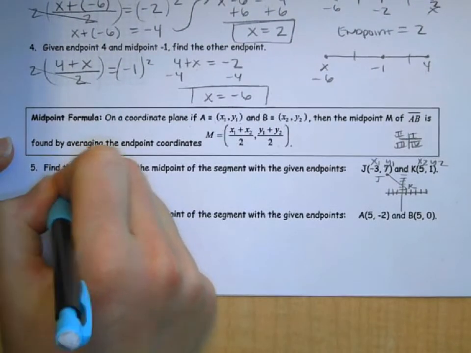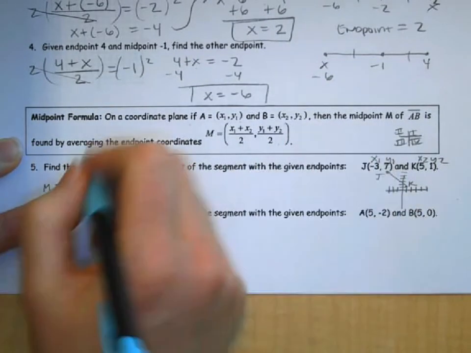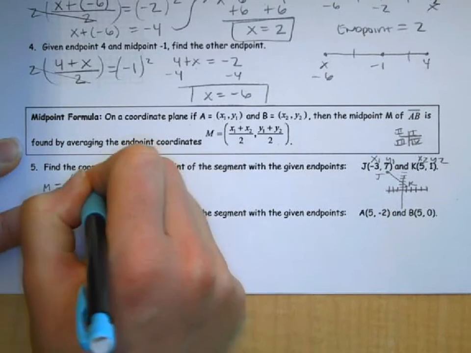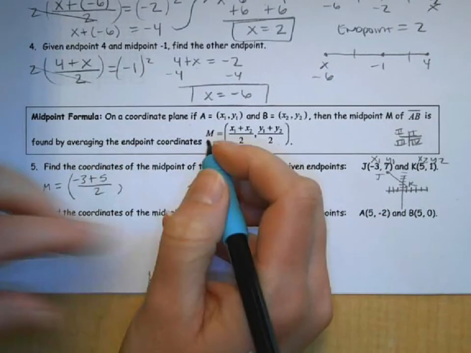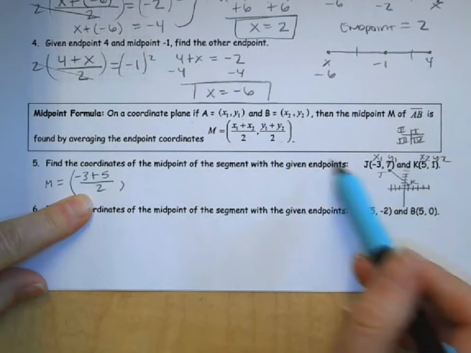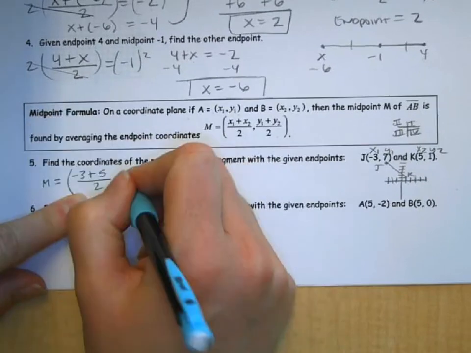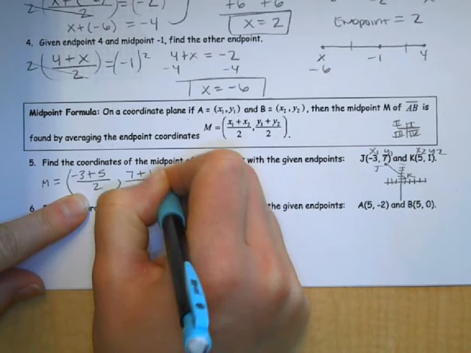So M equals, and then I have my large parentheses, x1 was -3, plus my x2, which is 5, divided by 2, because that's going to be our average of our x values. Then we're going to find our y values. So y1 was 7 plus the y2, which is 1, divided by 2. Find the average of our y values.